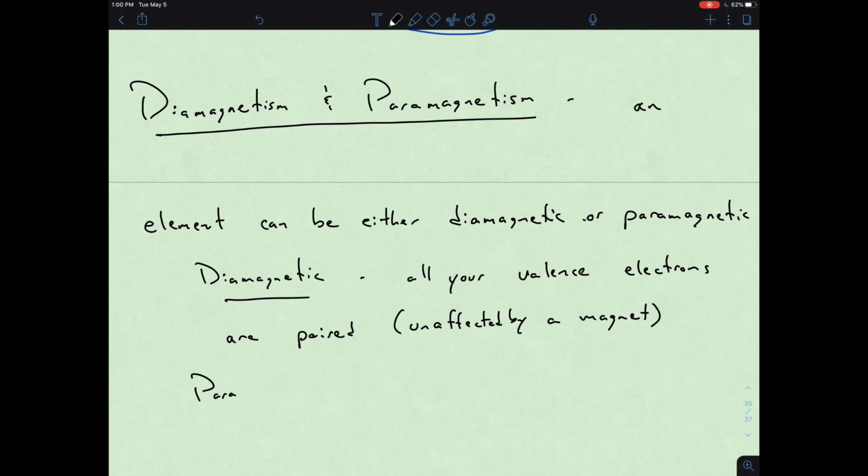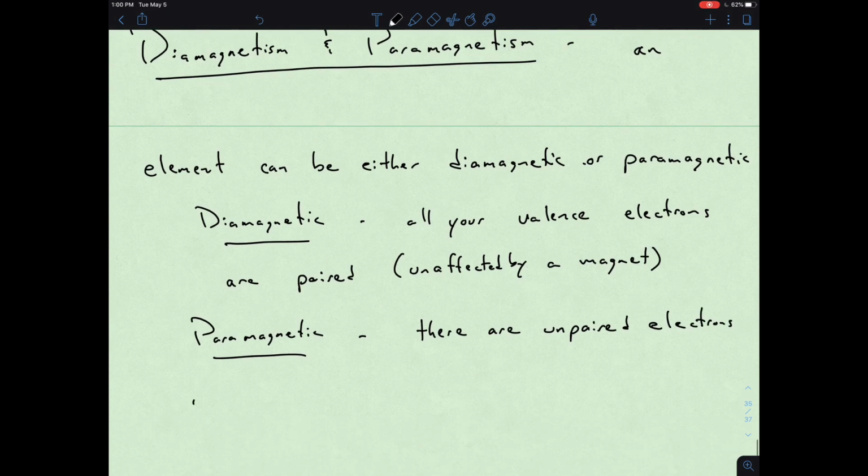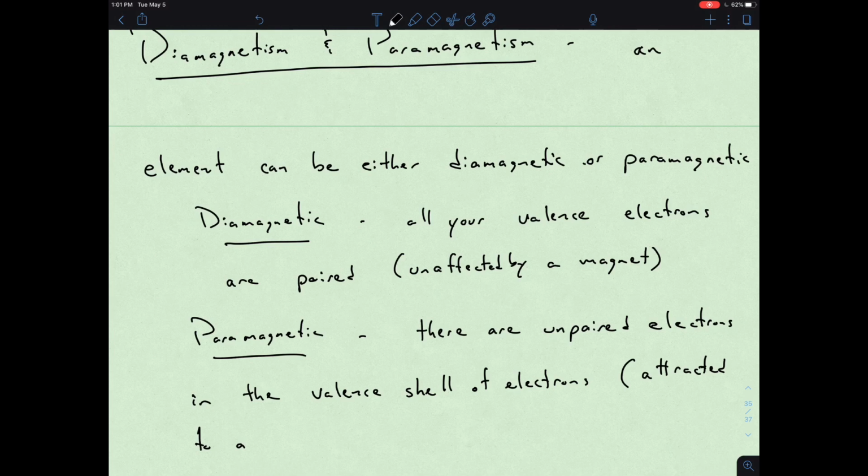And then we have paramagnetic. And that means that there are unpaired electrons in the valence shell. These elements are actually attracted to a magnet.